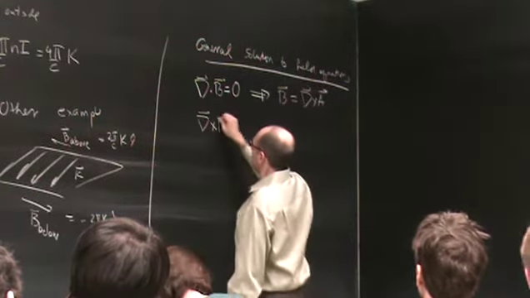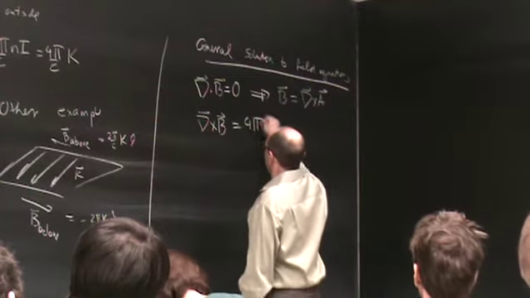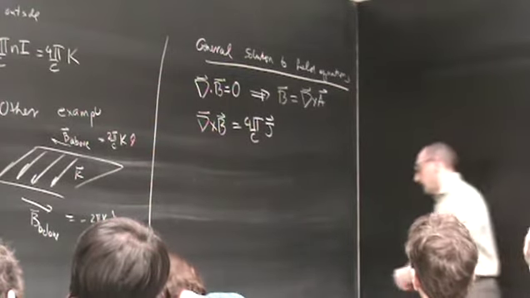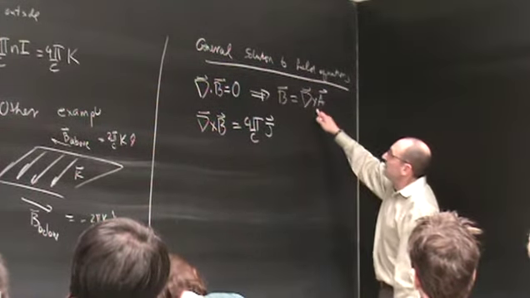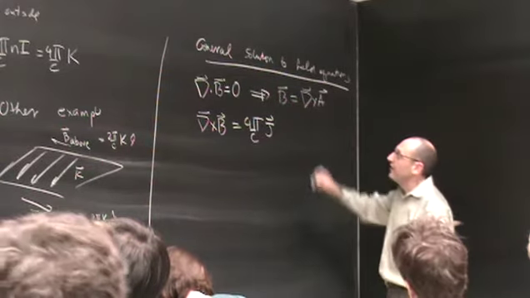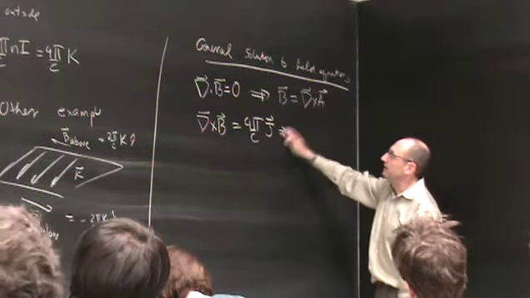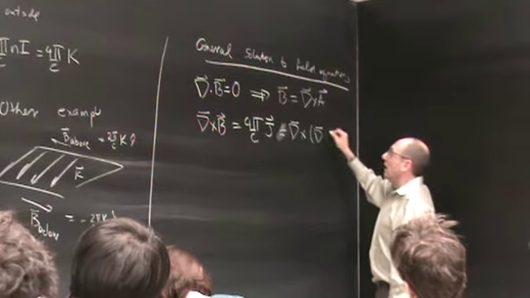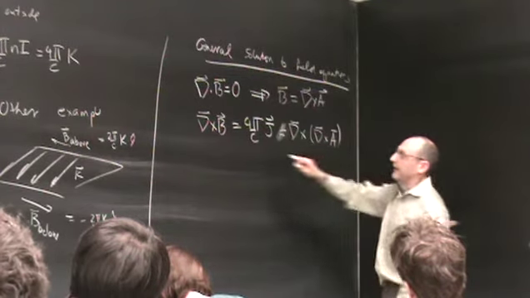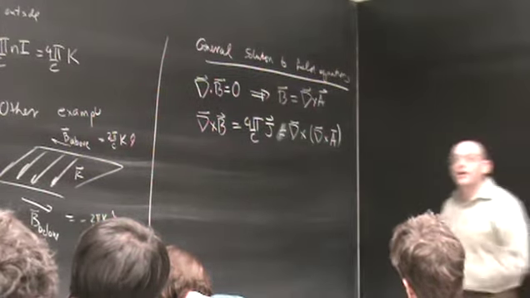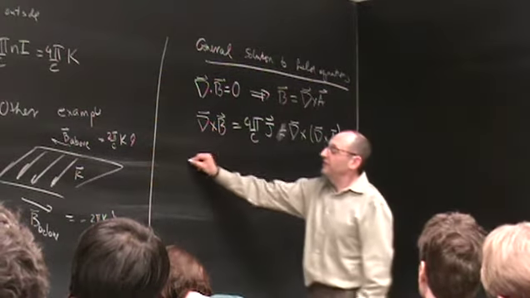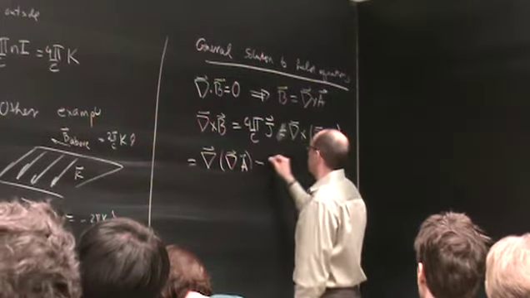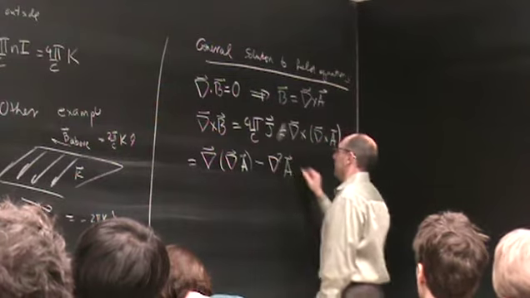And the curl of B is equal to 4π/c times J. So if we plug in the equation for the magnetic field in terms of the vector potential, this is equal to the curl of the curl of A, plugging in for B. And the curl of the curl of A is everyone's favorite identity: the gradient of the divergence of A minus the Laplacian of A.